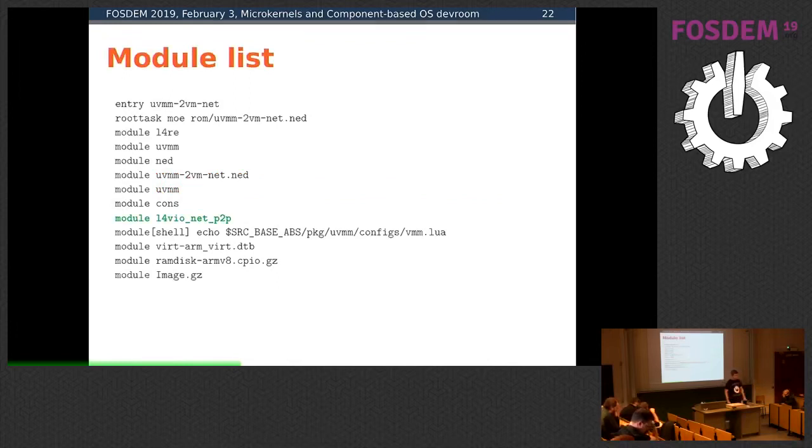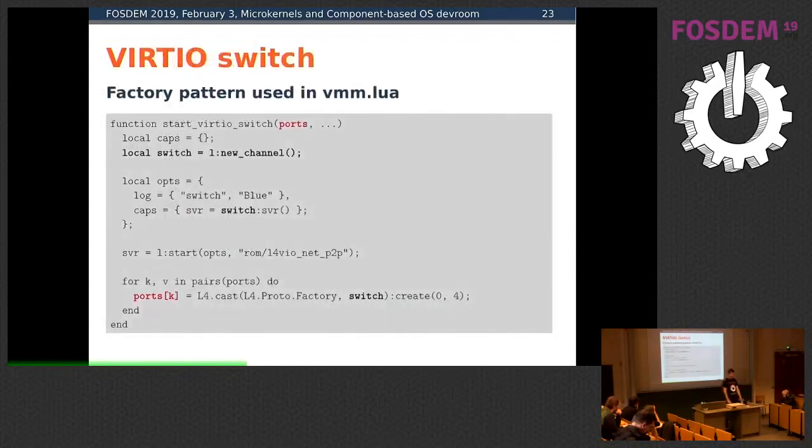This change requires us to add into the list of modules a process called l4vio_net_p2p, which is basically a VirtIO switch which, in this case, will have only two ports, and is basically the equivalent of a virtual crossover UTP wire. So again, in this example, we will see the factory pattern used.